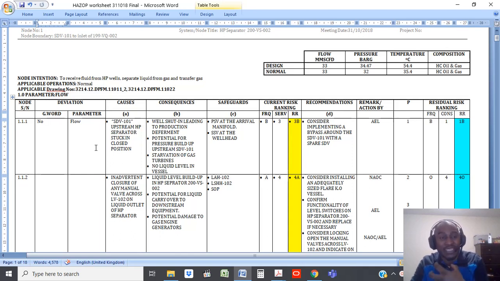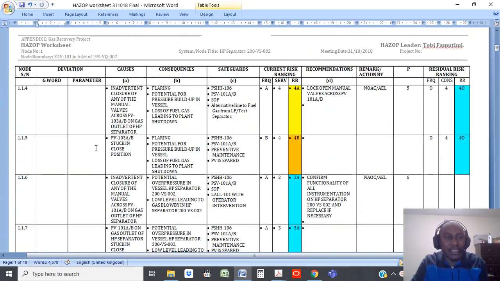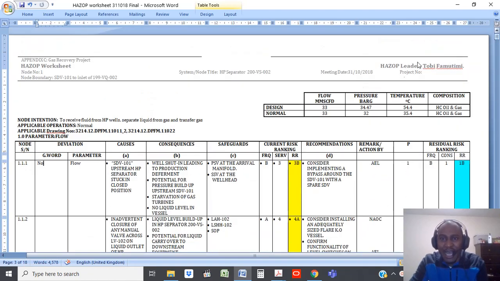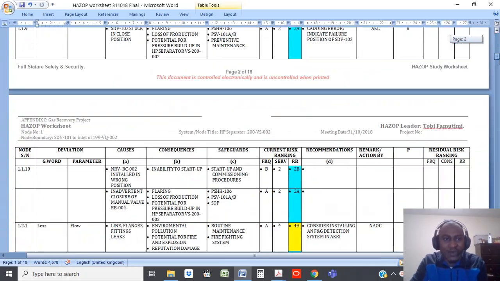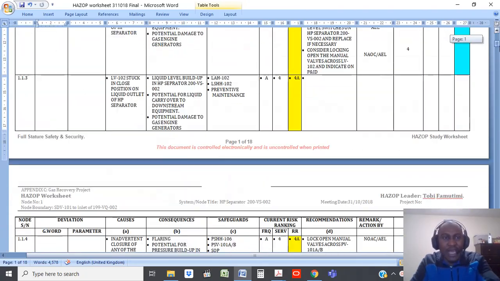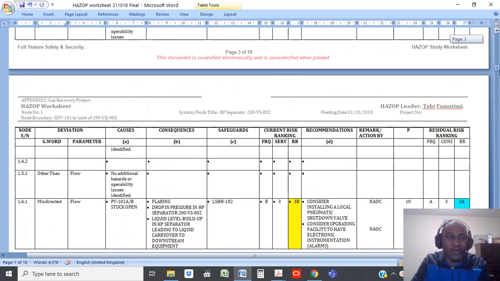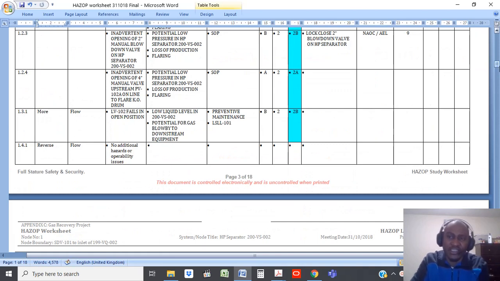So there was an intention that there would be flow, and now we're having a no flow, and it could be less flow. So there was an intention that we would have a certain amount of flow, that's 33 million scuff, and we are having less than that, or we are having no flow, or we are having other than flow, that's flow where there's not supposed to be flow, or we are having reverse flow.